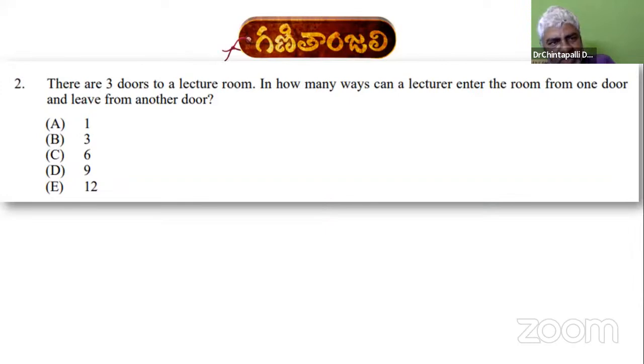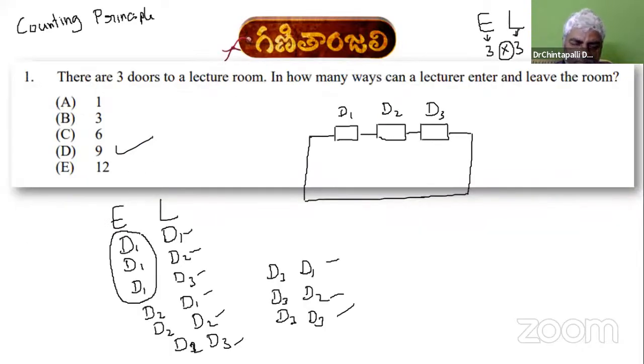There are 3 doors to a lecture room. In how many ways can a lecturer enter the room from one door and leave from another door? So in the previous problem, these cases are ruled out, that means the repetition.